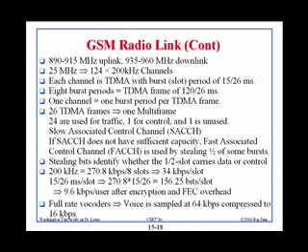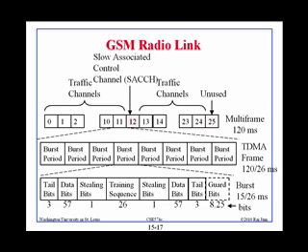So that is slow, and this is fast, and it is fast because this can happen. How often can you steal? How big is the burst? 15 by 26 milliseconds, right?